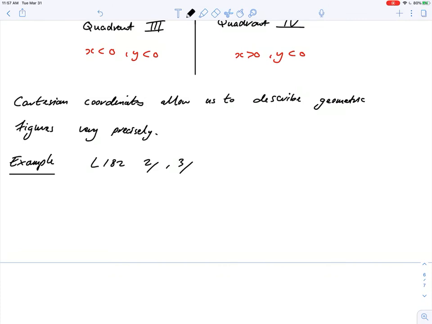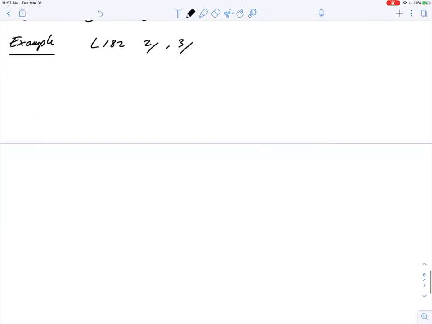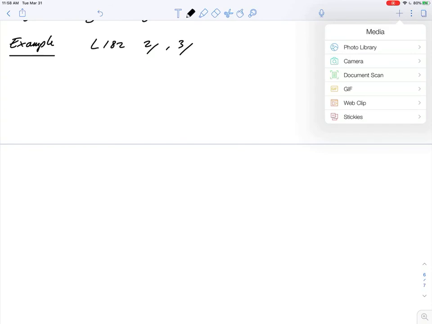Okay. So, question 2 and 3. Let's do question 2, shall we? So on a square grid, draw Cartesian coordinates. In Cartesian coordinates, mark these points and find the area of the corresponding shape.